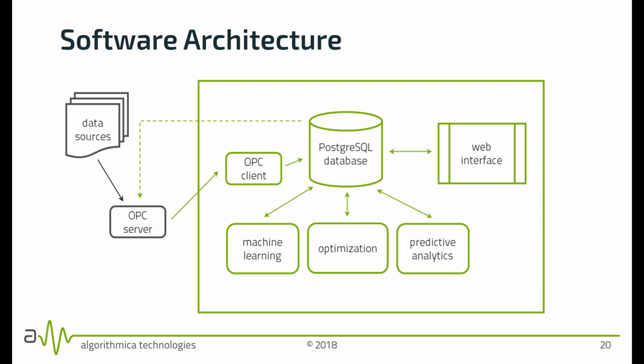All of these functions obtain their data from the database and write their results back to the database. And lastly, there is a user interface that runs on the same computer as well, and this is accessible via a browser. So any computer that is connected to the network that this software runs on can then view the user interface via any standard web browser.